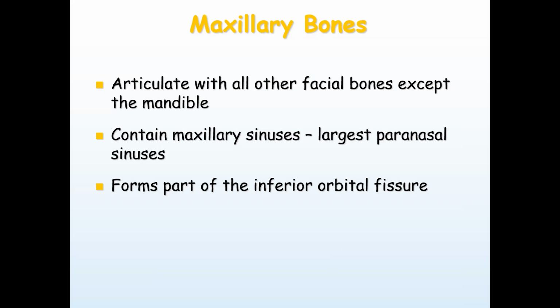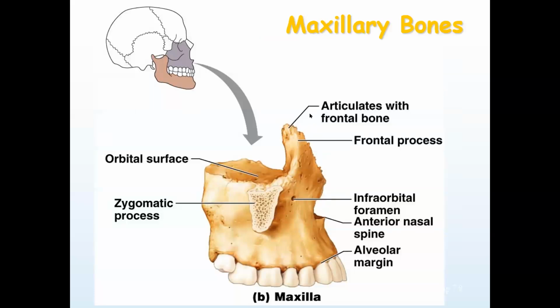Those, of course, are the sinuses we associate with our cheeks, and they're the biggest of our paranasal sinuses, okay? The maxillary bones also form the lower part, or the inferior part, of your orbital fissure. Remember, fissures are narrow openings that allow blood vessels to pass through, right? So here we have our maxillary bone, and we have the teeth, of course, on our maxillary bone that the mandible will press into when you're trying to bite through something, right?